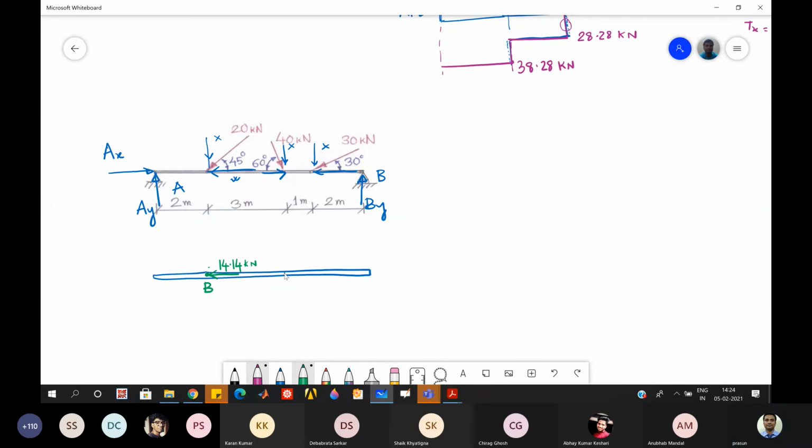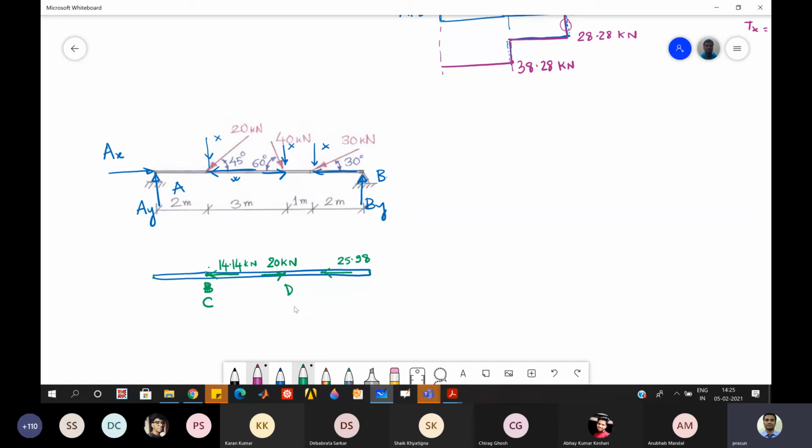And here, sorry, this is B, so we'll take this one as C, and then this is your D point. And for this also, we'll show like this. This force will be 40 cos 60, so it will come 20 kilonewton. Whereas here, I'll have this force, and it will be 30 cos 30 degree, so it will come around 25.98.